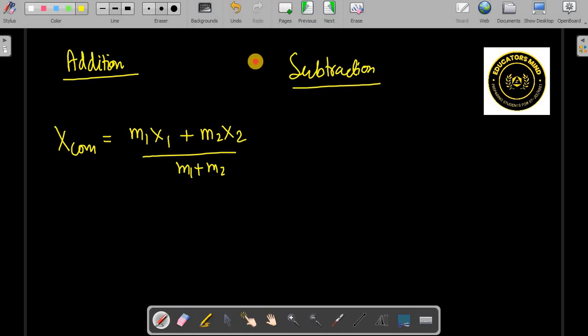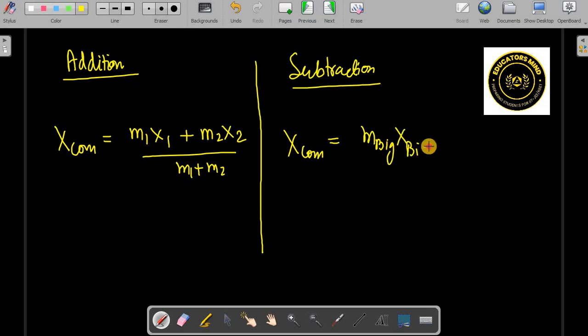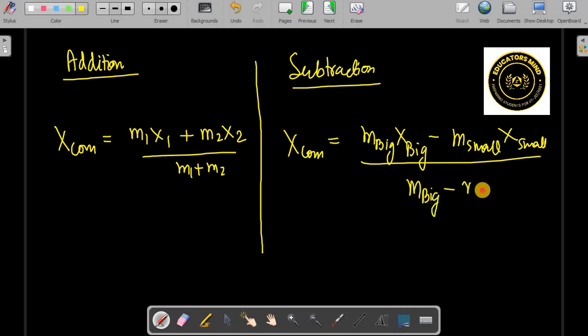Similarly for the y coordinate. In the case of subtraction, the x center of mass of the remaining body, because you are subtracting one body from the other, say from the big body you are subtracting a small body, is m of big, x of big minus m of small, x of small, divided by m of big minus m of small. This is what you have to remember.